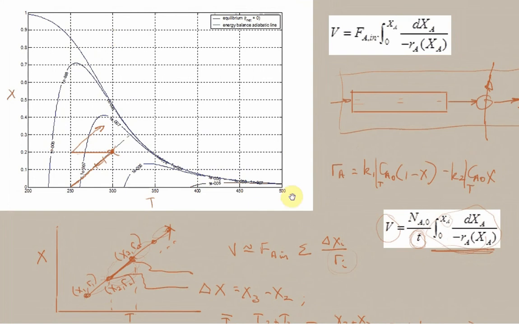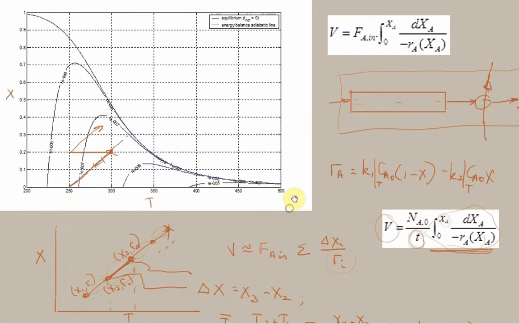So to expand on that, we now know how to find the volumes of a CSTR and a PFR and a batch reactor in the face of needing to navigate our way through this plane. So we can see that we can possibly access the other regions, and we can work out the volumes that we need to do that.